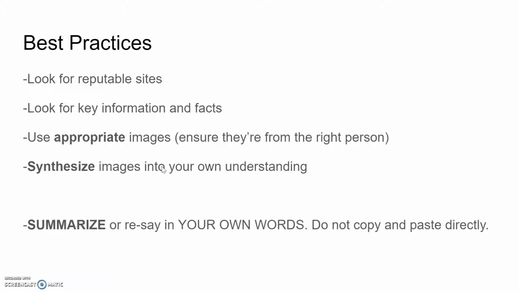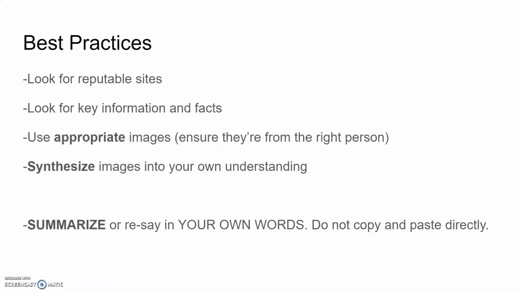Generally, those are looking for reputable websites, usually websites from museums or things that end in .org or .net. .org and .net sites are generally considered reputable because they are not-for-profit sites.